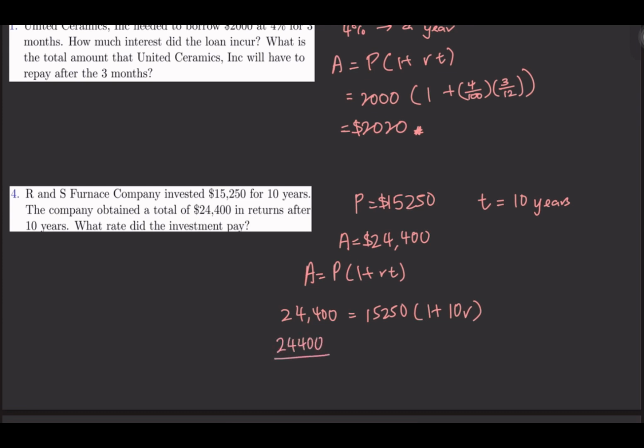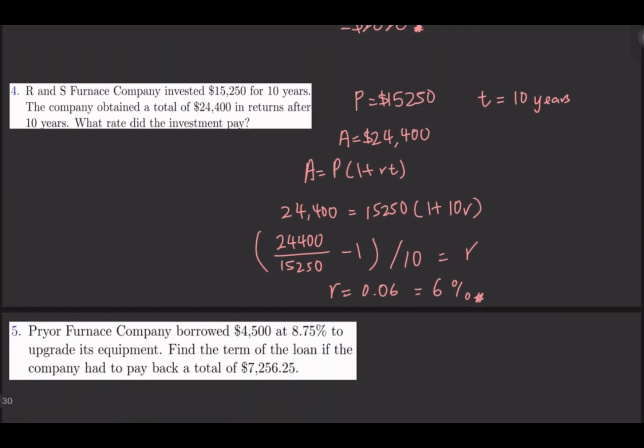Just use basic algebra: 24,400 divided by 15,250, minus 1, divided by 10, equals, well, you can just input the whole thing into your calculator, 0.06, or in percentage 6%. And there's your answer. The rate the investment paid was 6%.